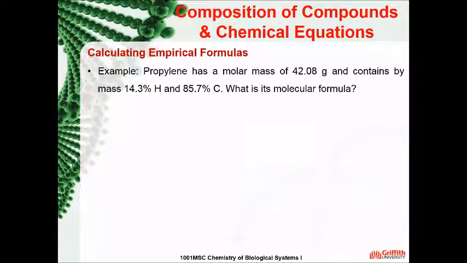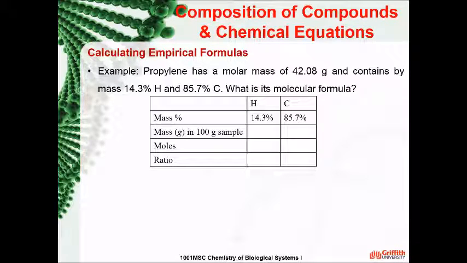Let's look at another example. Propylene has a molar mass of 42.08 grams and contains, by mass, 14.3% hydrogen and 85.7% carbon. What is its molecular formula? To do that, we need to determine the empirical formula first, then we can calculate the molecular formula.